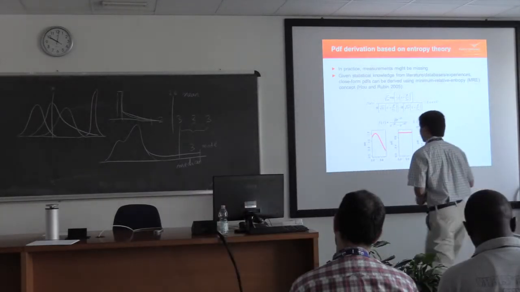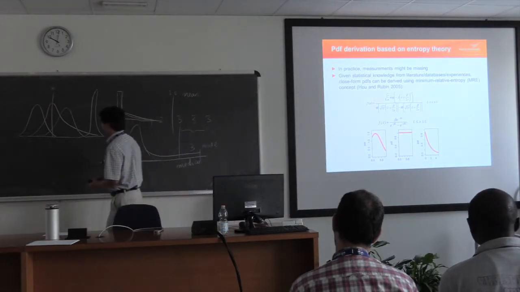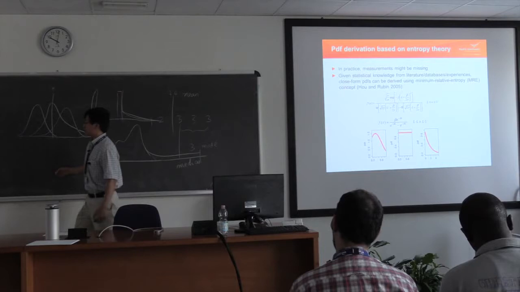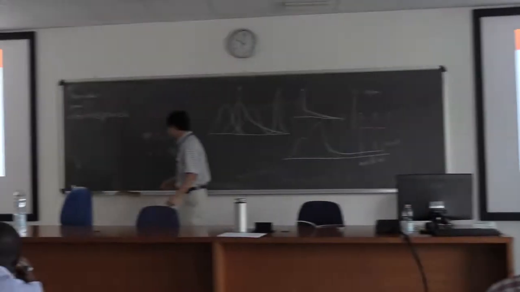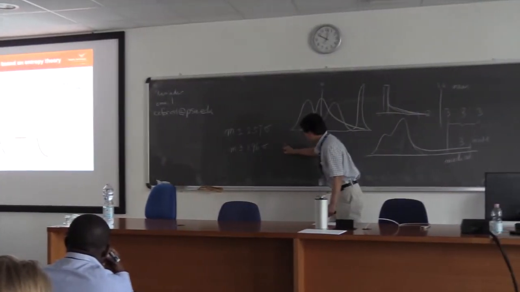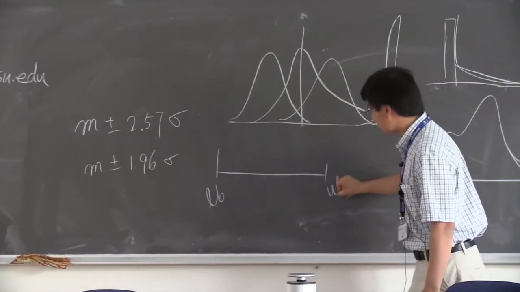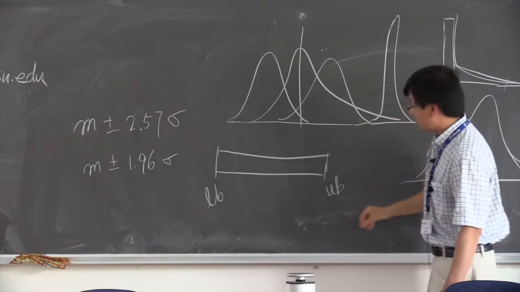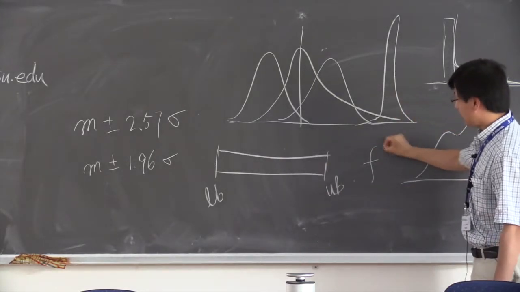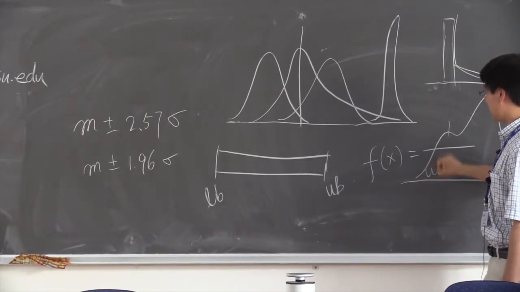This one can expand every time it goes. If you have only the lower bound and upper bound, then you take the limit of beta approaching 0. That formula will give you a uniform distribution with the probability f(x) equal to 1 over the upper bound minus the lower bound.